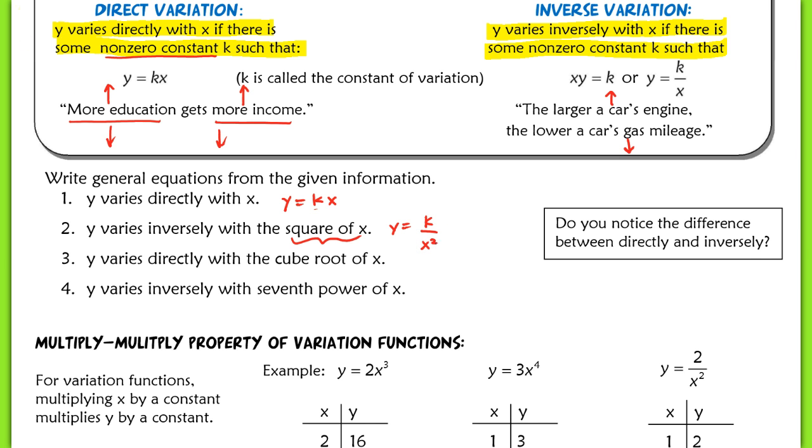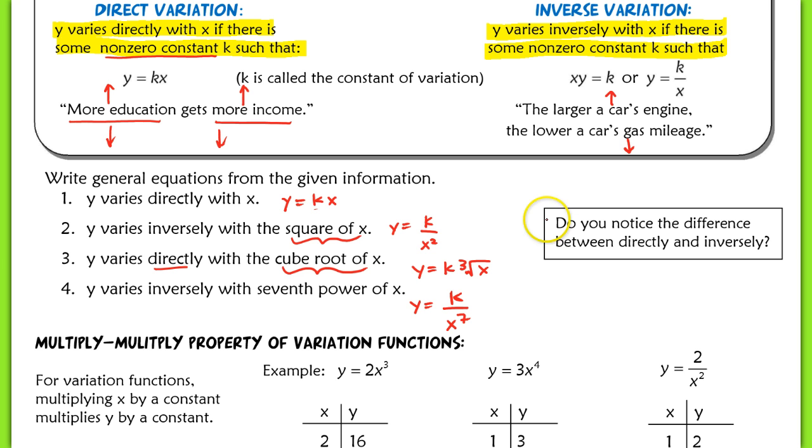In example 3, y varies directly with the cube root of x. So I want to make sure I'm using the cube root of x, and it's going to vary directly. So I have y equals k times the cube root of x. The fourth example says y varies inversely with the 7th power of x. This time I'm going to take my constant and divide it by x to the 7th power.